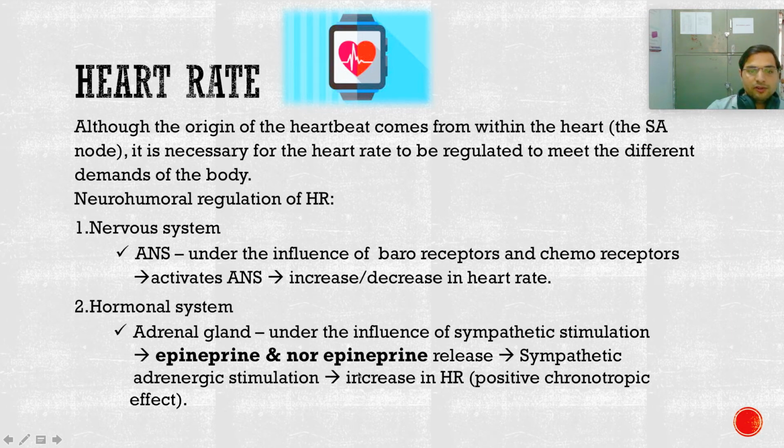Epinephrine and norepinephrine do the sympathetic adrenergic stimulation, thereby increasing the heart rate. This is called positive chronotropic effect. An increase in heart rate is a positive chronotropic effect, whereas a decrease in heart rate is a negative chronotropic effect.